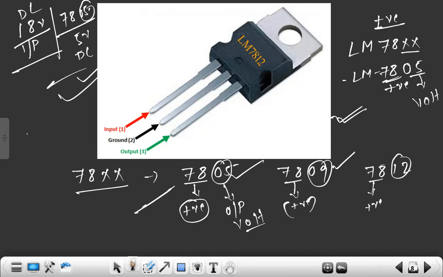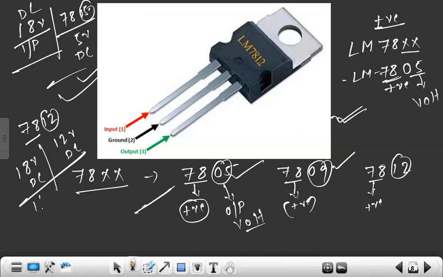Number two, if we use 7812, 78 meant for positive, and if we again apply 18 volt DC, we'll be able to get 12 volt DC. This is our input, and here we will get our output voltages.